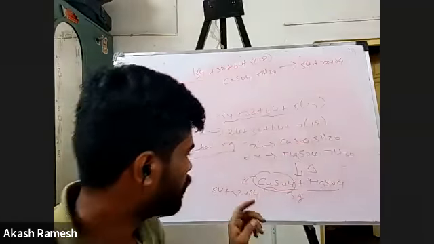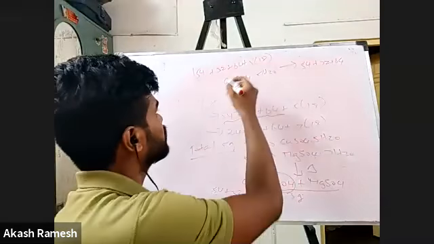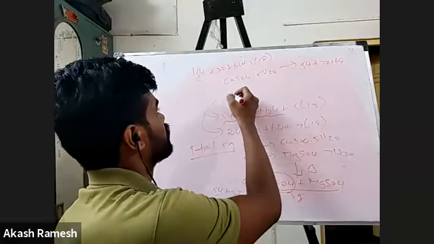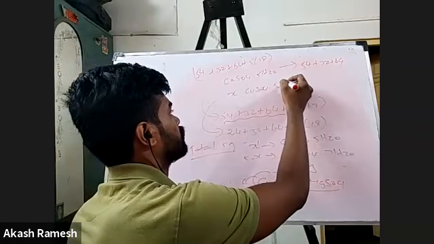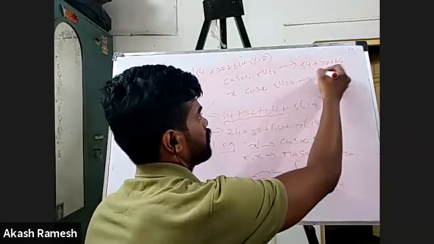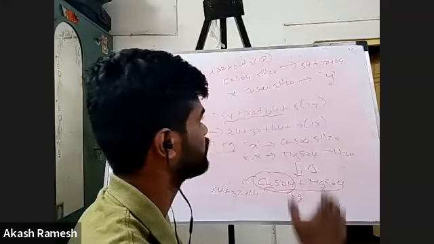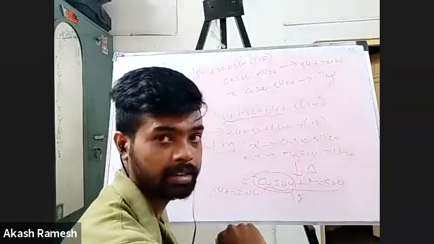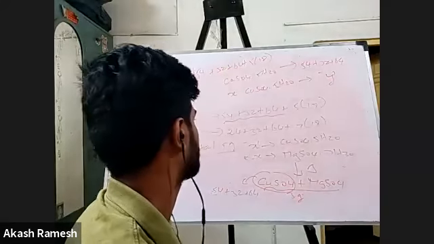Now how many grams do I have? X grams I have, right? So if I have X grams of CuSO4.5H2O, how much will I be getting, let this be Y, in terms of X, isn't it? I'll be getting this Y in terms of X, correct? So that will be how much?